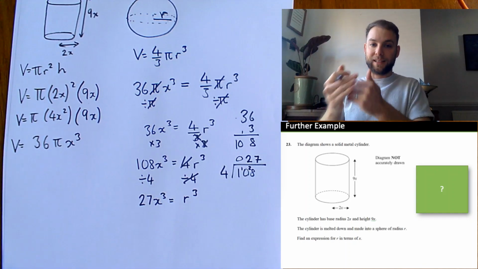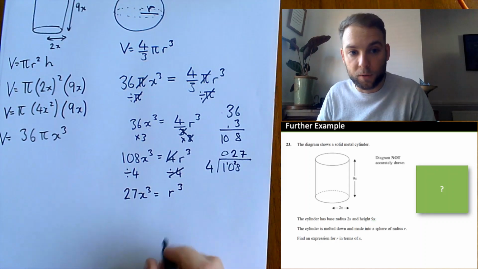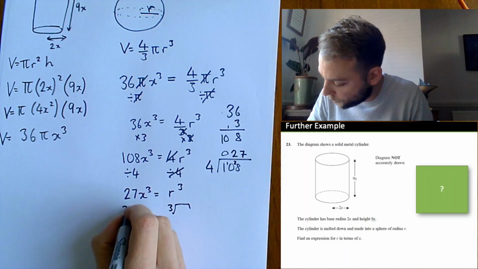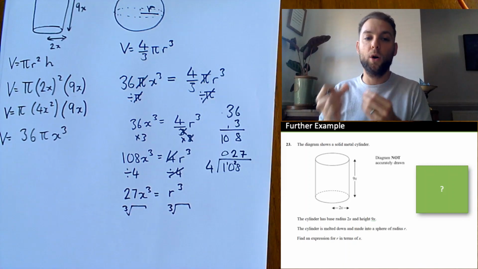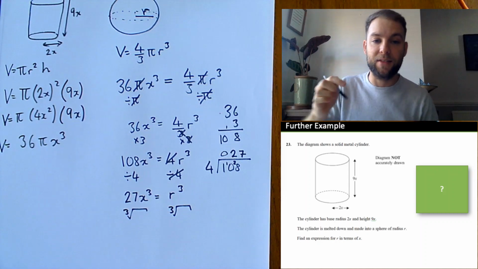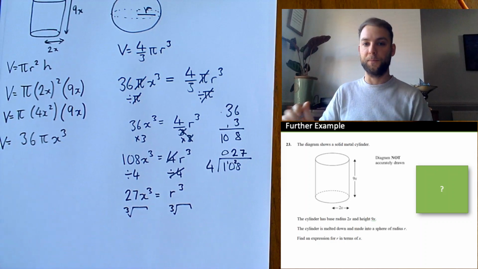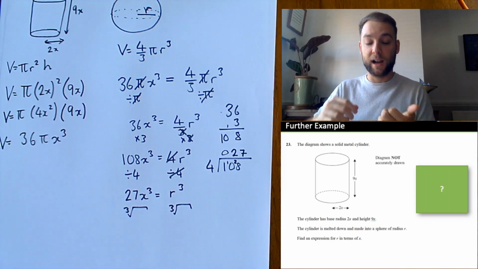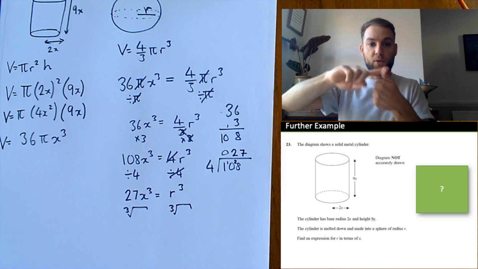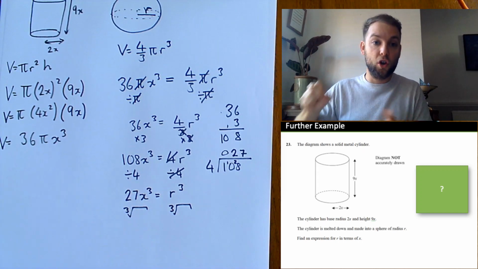Notice that this is r cubed, so what I need to do now is get rid of that cubed, and I'm doing that by cube rooting both sides. Now cube root means what number do I need to times by itself 3 times to get that number? So what do I need to times by itself 3 times to get 27? Well, try 2. 2 times 2 is 4, times 2 is 8, so it's not that. 3 times 3 is 9, times by 3 is 27.